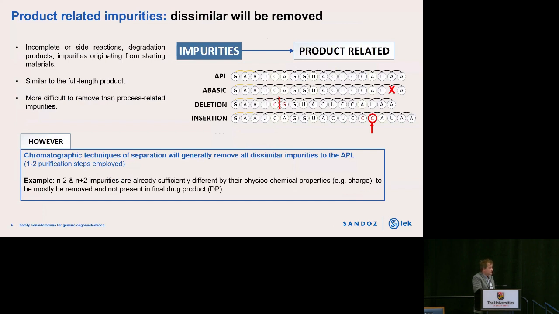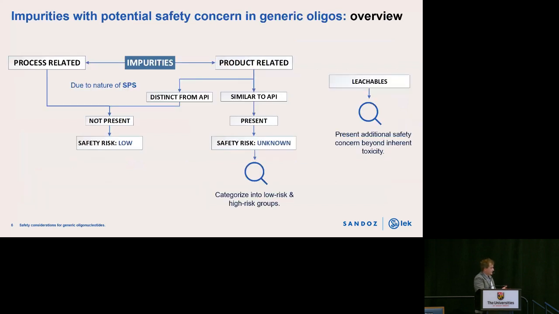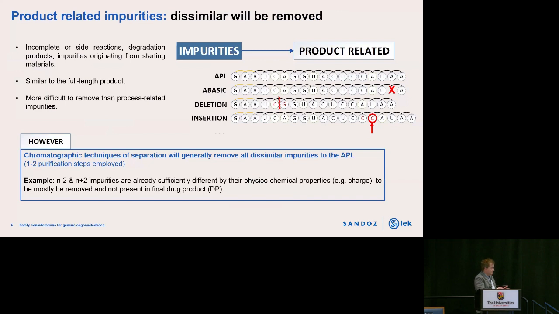Although they are more difficult to remove than process-related impurities, it's important to know that chromatographic techniques of separation will generally remove all the impurities similar to the API. So, for example, in our experience, N-2 and N+2 impurities are already sufficiently different by their physicochemical properties, in this case charge, to be mostly removed, and we do not see this in the product.